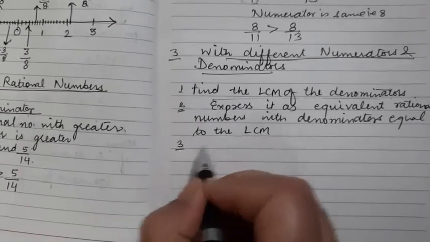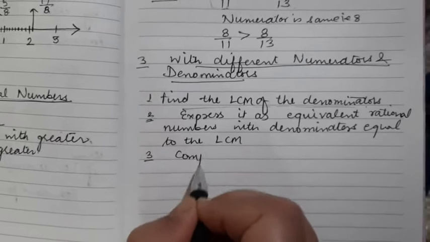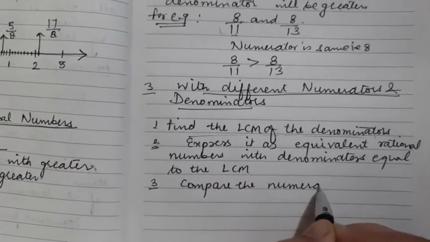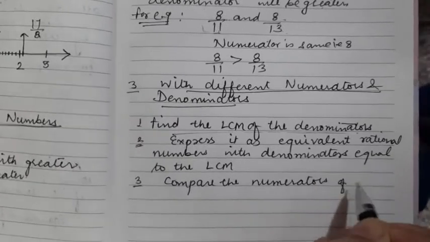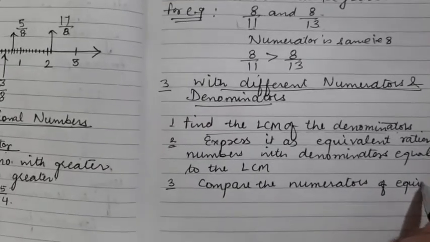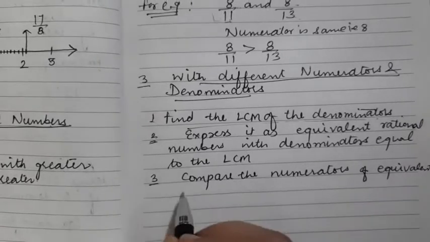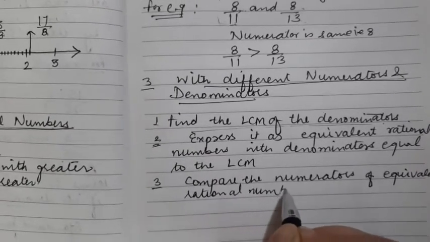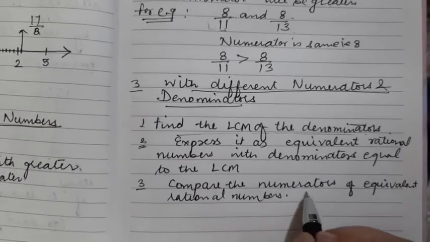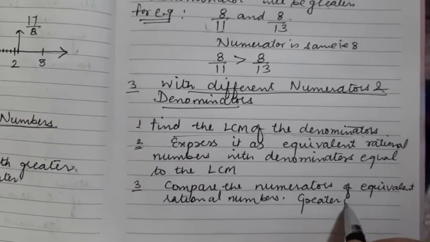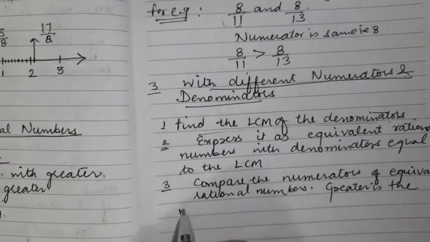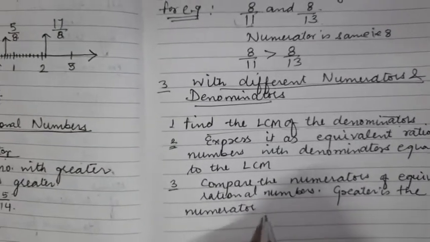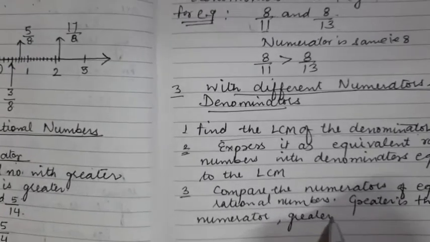Then in next step we have to compare the numerators of equivalent rational numbers. Greater the numerator, greater is the rational number.